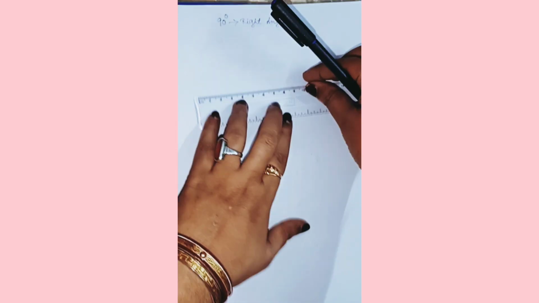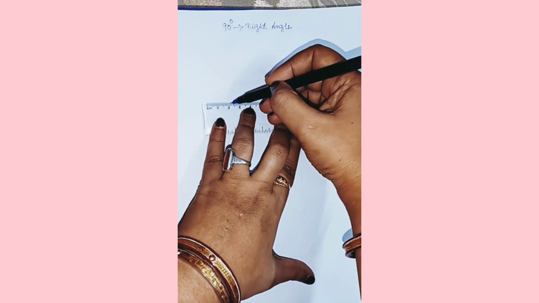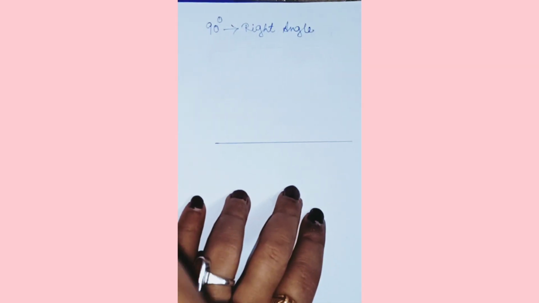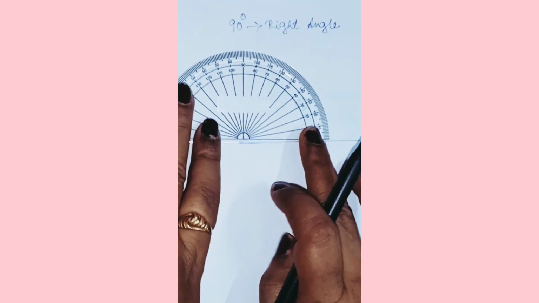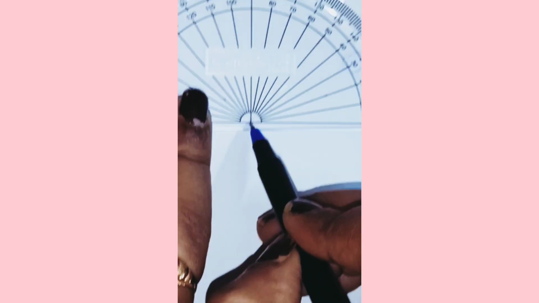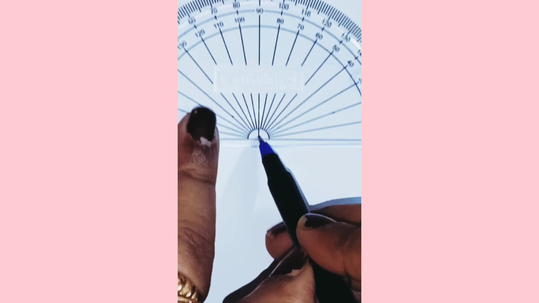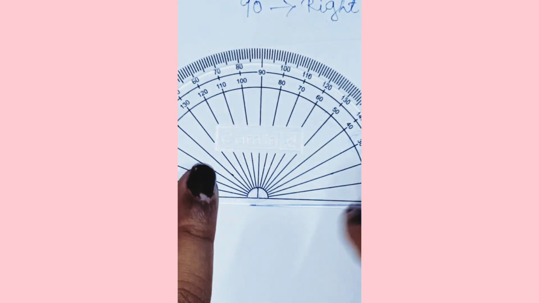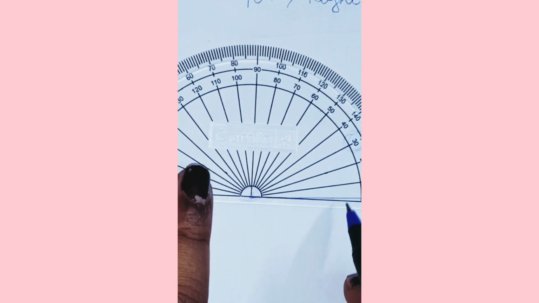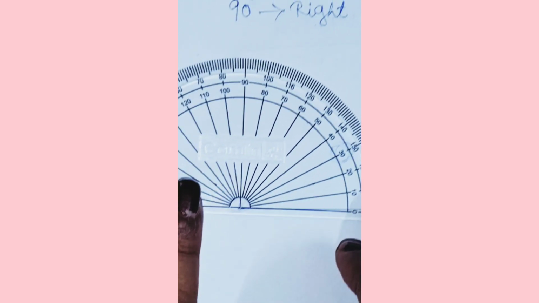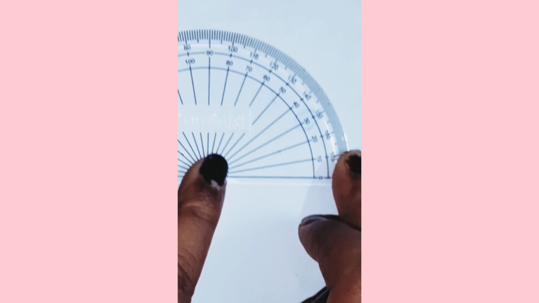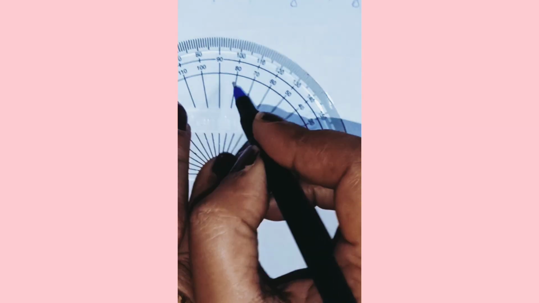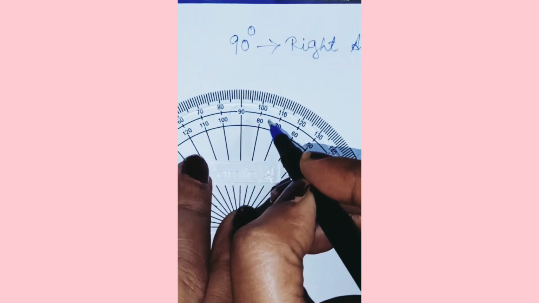Then you draw the line by the scale or protractor, the choice is up to you. Then you place the protractor here. All the students just look at this portion: you fix the starting point, and match the black line with the line you drew. Then observe where 90 is, here.